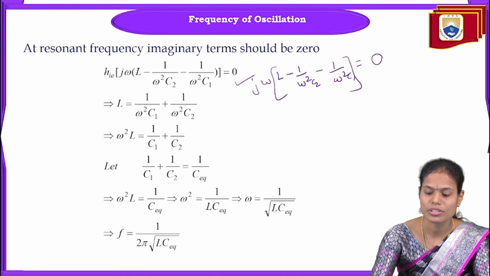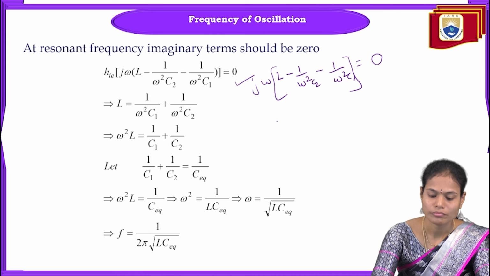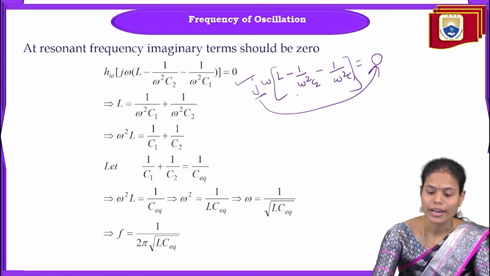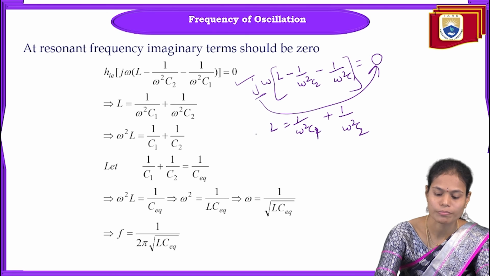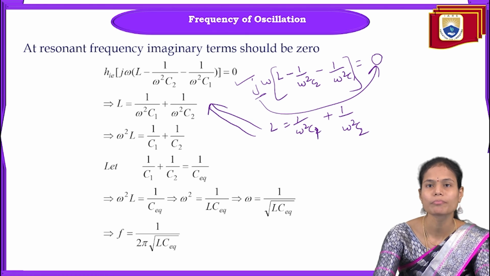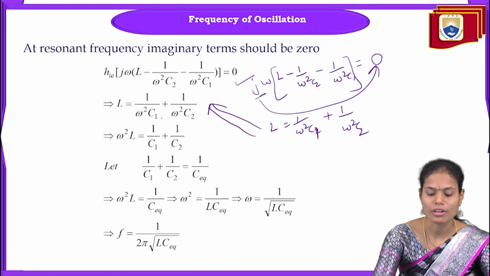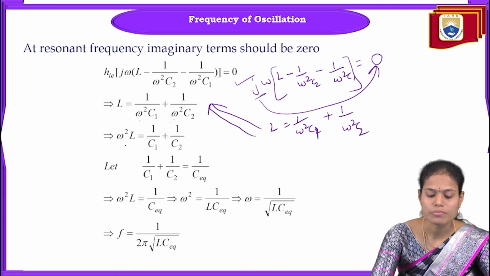The j omega term will get cancelled here. So this total term will also be 0, and from this we can write L equal to 1 by omega square C2 plus 1 by omega square C1. That is this particular equation. From this I am taking omega square to the left side.